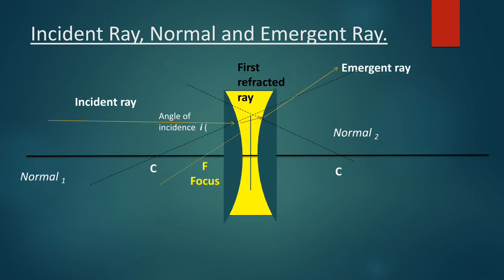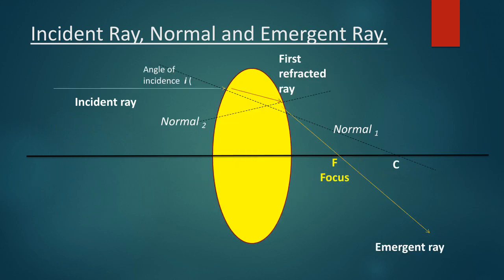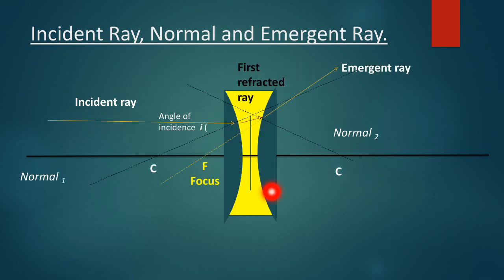But in the case of a concave lens, again this is a parallel ray, but it diverges from the principal axis, going away from it. So every concave lens has a diverging nature, and every convex lens has a converging nature. Convex lenses converge the rays at a point, and concave lenses diverge the rays.